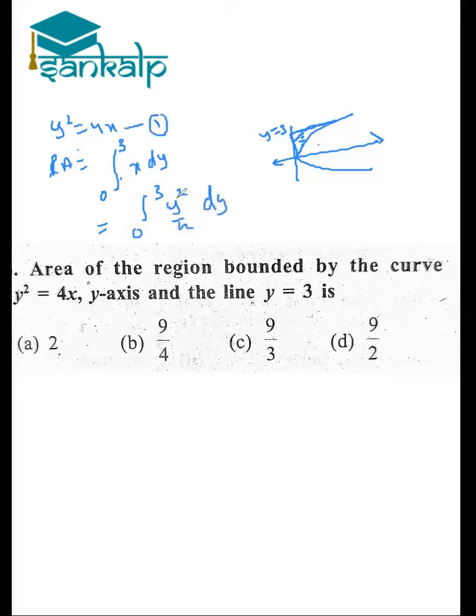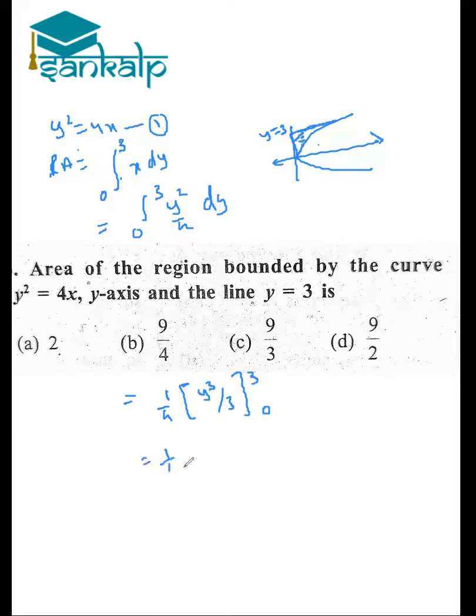So using equation 1, we can write x is equal to y square by 4. Next, on simplifying it further, we get the integral from 0 to 3. See, 1 upon 4 is constant, write it outside. Y square integrates to y cube upon 3, from 0 to 3.